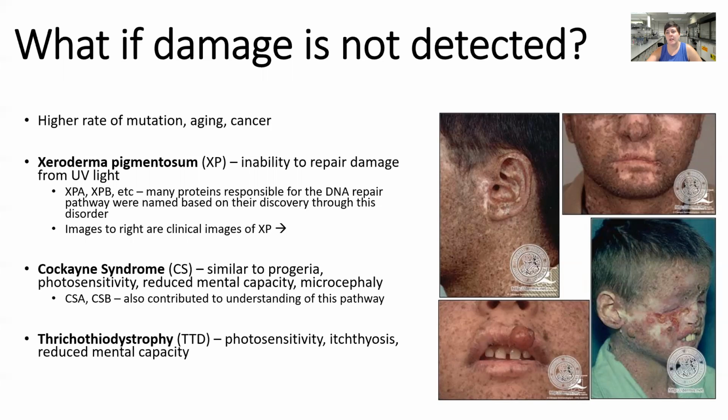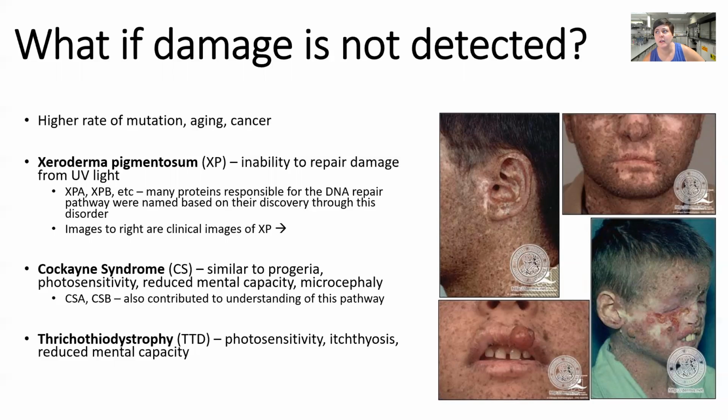It turns out that XP is a disorder that results from the body's inability to repair DNA damage. It is specifically a defect in the NER, being able to detect damage from UV light.